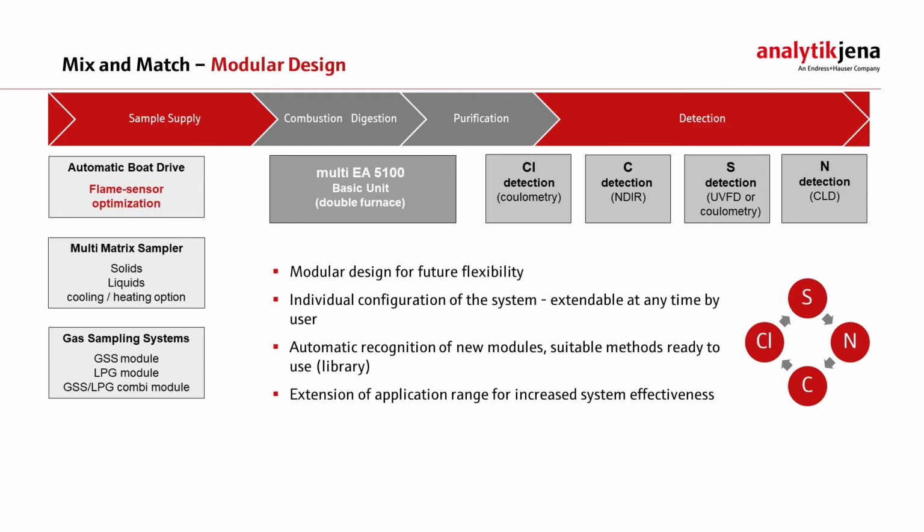The flame sensor monitors the combustion behavior of each sample and actively controls the combustion process. This ensures a complete combustion every time and eliminates the risk of soot formation. For the analysis of gases and LPG type samples, dedicated sampling systems are available.